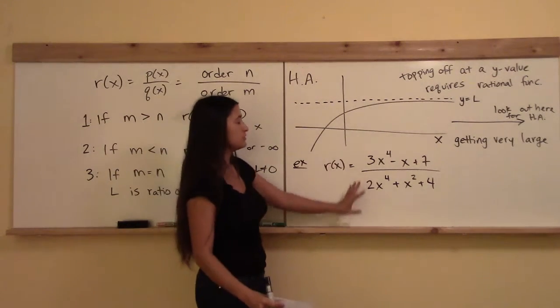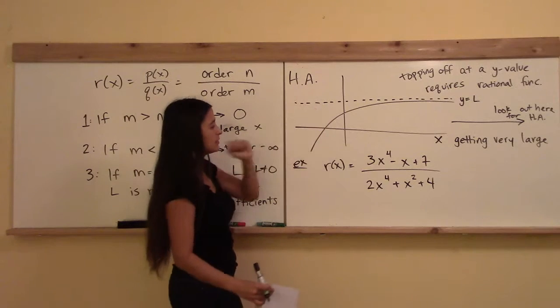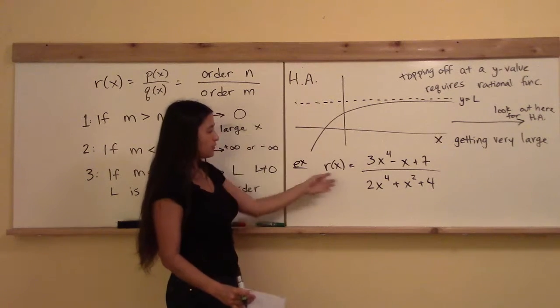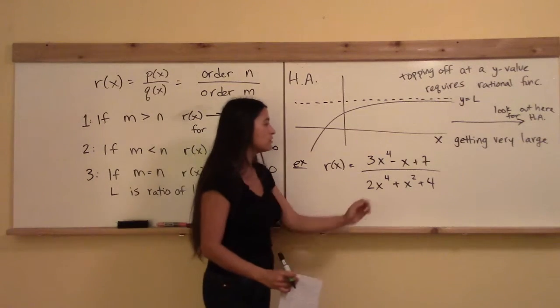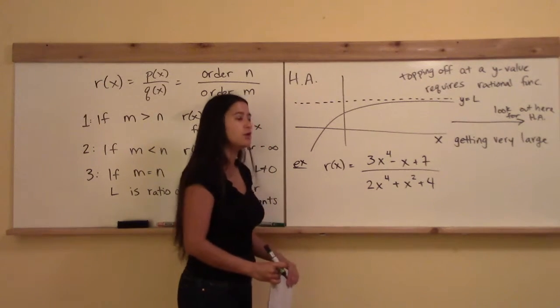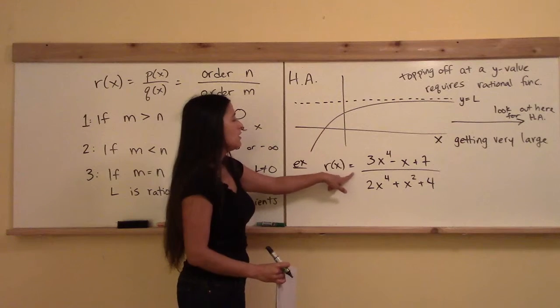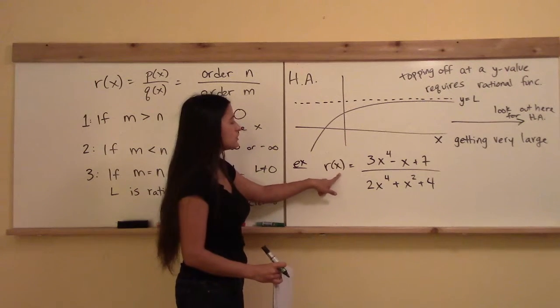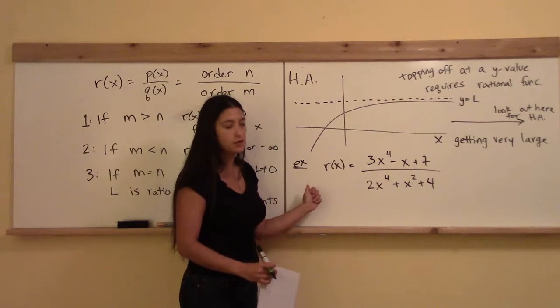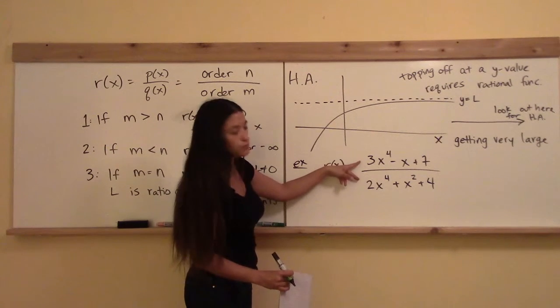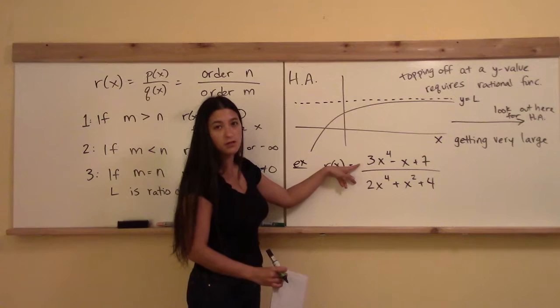I'm kind of just making this one up. I'm not sure if this function actually looks exactly like this, but I know that as x gets very, very large, if I plugged in very large numbers for x everywhere here, this function is tending toward a real number that's not 0. Do you know what the orders of these polynomials are?